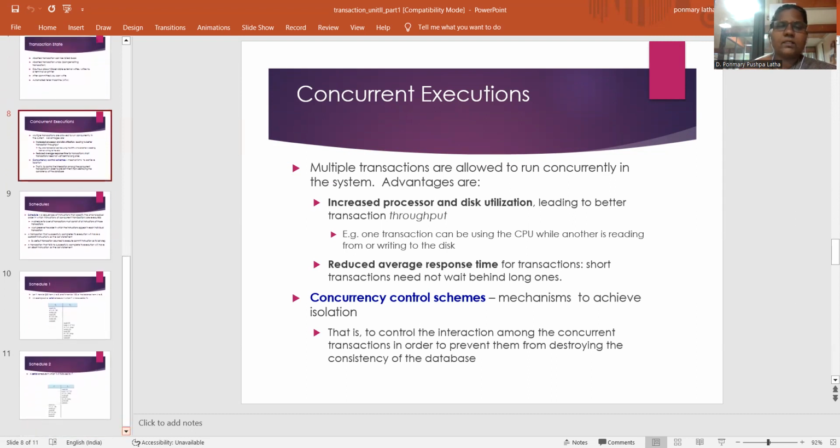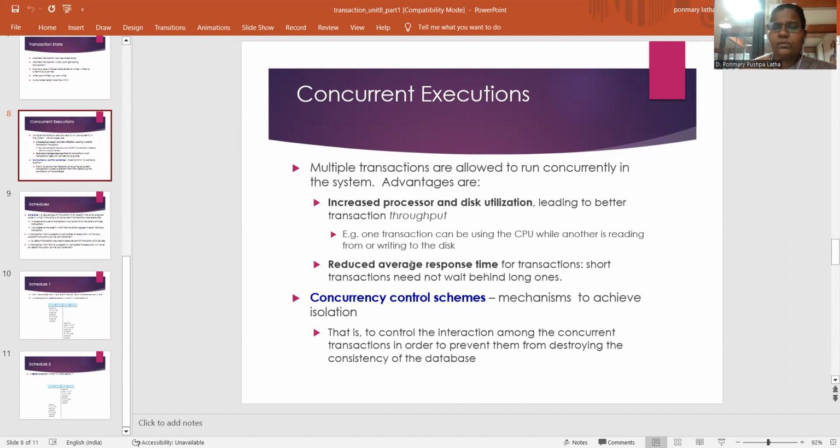So, concurrent execution. Why are we executing concurrently, simultaneously? We would like to increase the processor and disk utilization. That's why we are going for concurrent execution. And we would like to reduce the average response time. That is why we are executing concurrently.